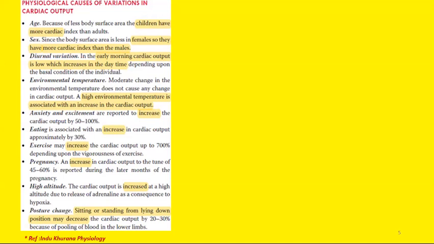Then posture change may also affect cardiac output. For example, sitting up from the lying down position or standing from the lying down position may decrease the cardiac output due to pooling of blood in the lower limbs. So all these are physiological variations in cardiac output. These are not pathological, these are physiological variations.